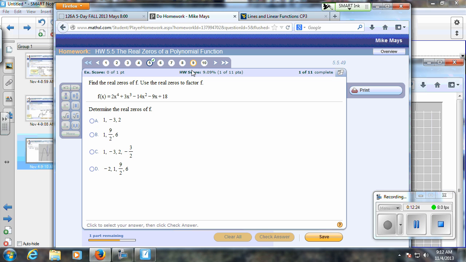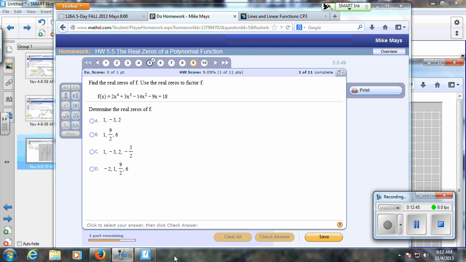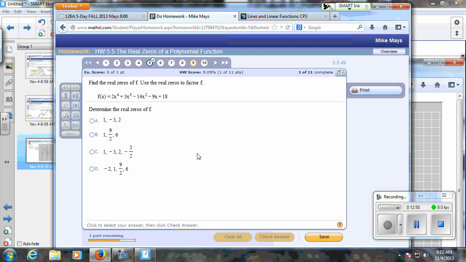I see they give me this answer as a multiple choice, and they give it so that every possibility in this multiple choice has a possible real zero of 1. So it's a good bet that 1 is a real zero. And I could go with that by using that to get some information out.